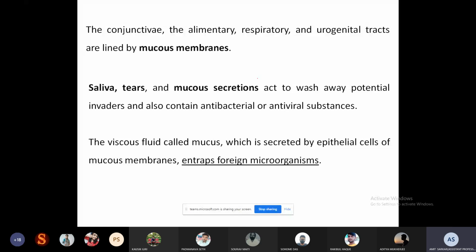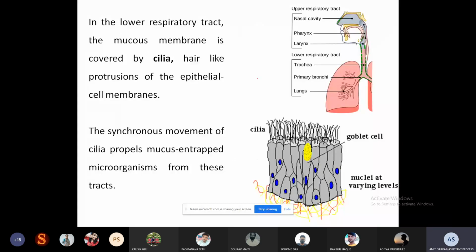Now, if you look into the respiratory tract, maybe you have heard from the doctors, they talk about upper respiratory tract infection or lower respiratory tract infection. Generally, when you suffer from any kind of respiratory disease, such as influenza, the first few days it is limited to the upper respiratory tract.